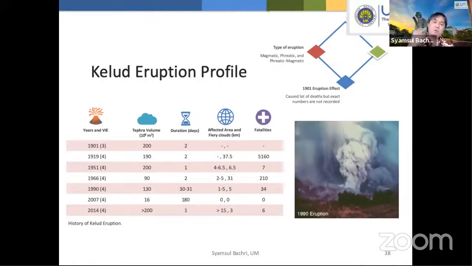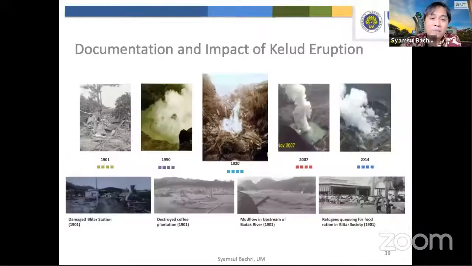Again, I show you the data about the volcanic eruption activity in the study area, about the Kelud documentation and the impact of Kelud eruptions from 1901 until 2014, which were really big eruptions.